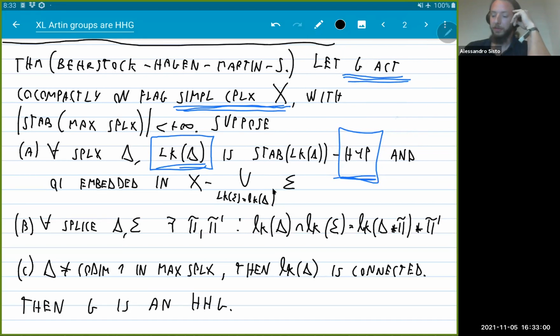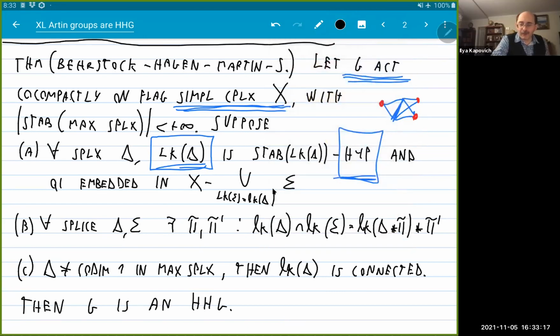For example, if the complex is dimension 2 and you take an edge, then the link of that edge will be disconnected. Let's draw a little bit of the link of an edge. So certainly not hyperbolic because it's disconnected.